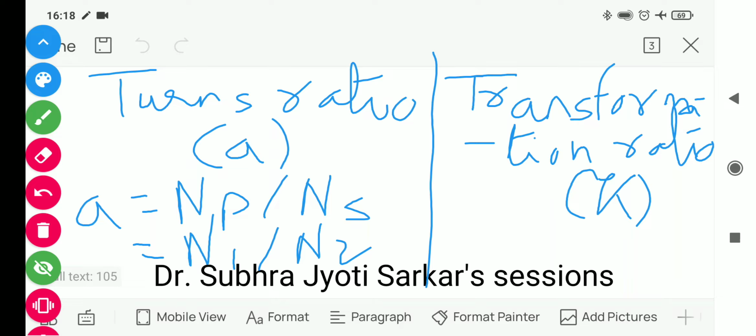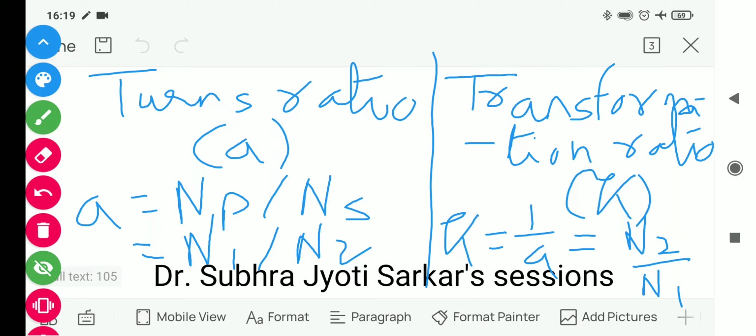The transformation ratio is the opposite of the turns ratio: the number of turns in the secondary divided by the number of turns in the primary. So it is N2 by N1.